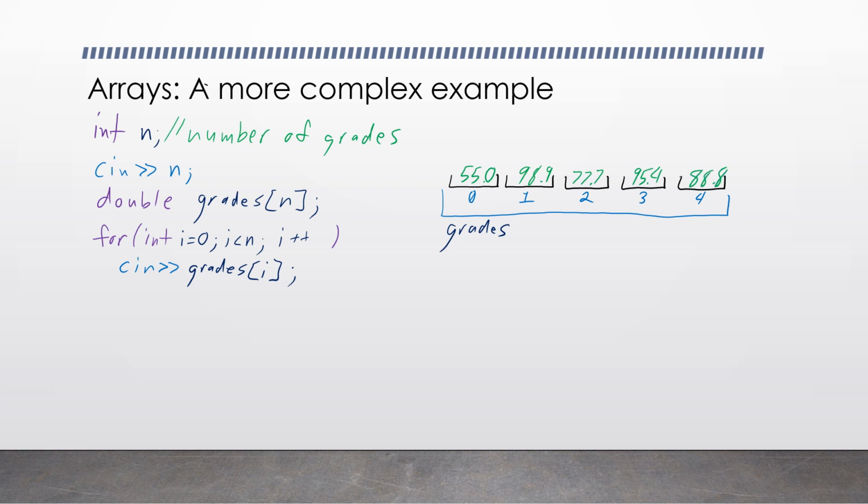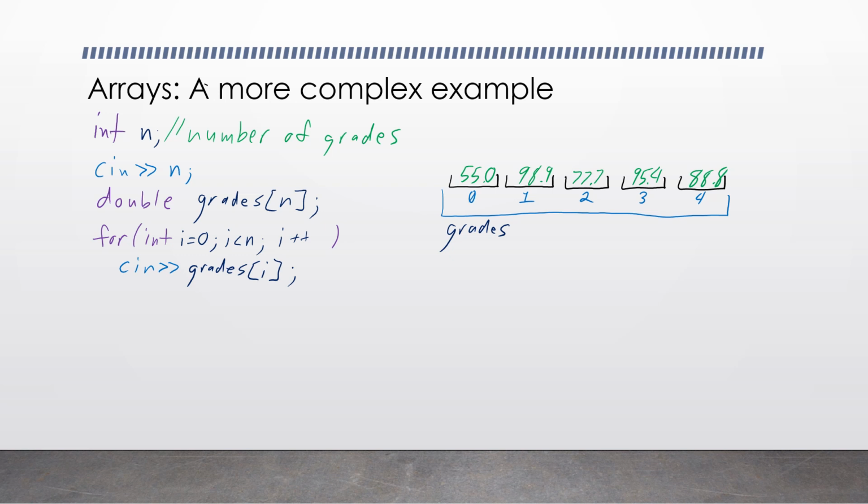Okay. Not a bad grade, really. I mean, it's still a B. But so we've now filled out this grades. Now, we'll learn to write functions later in the class. But let's say I've written a function called average.